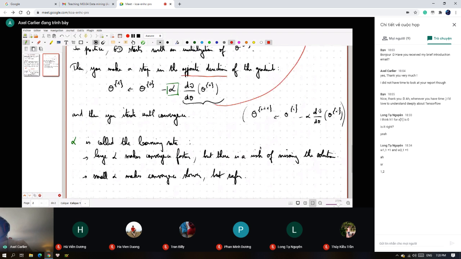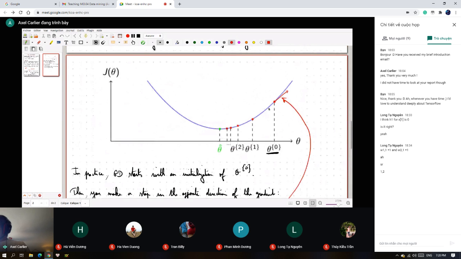Okay. So what do I mean by large alpha makes convergence faster? Here you see with this alpha that was chosen for this, when I was here, I made a step here. If I had a larger alpha, my step would have been bigger. Maybe it would have gotten me here, or maybe here if it was really big, okay? And the problem is, if your step is too big, when you arrive around here, you will never reach the exact solution.